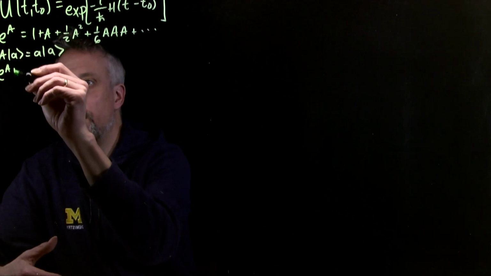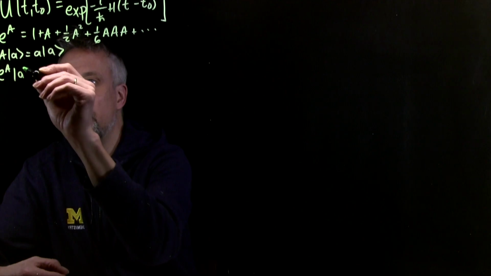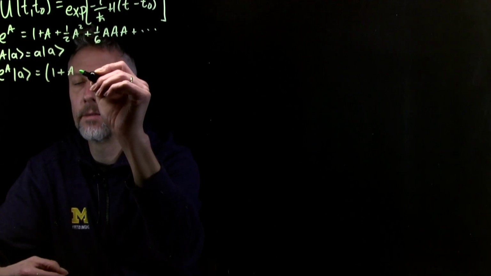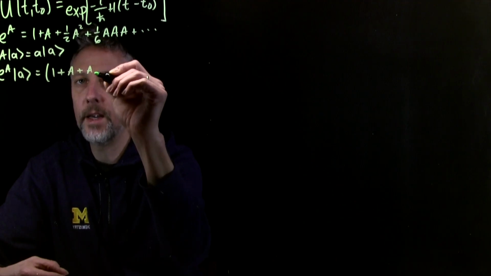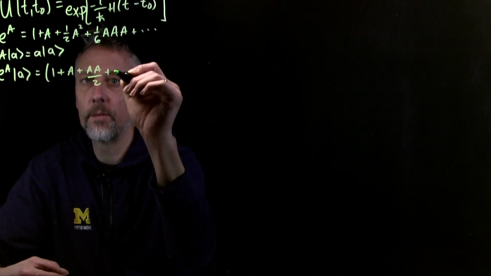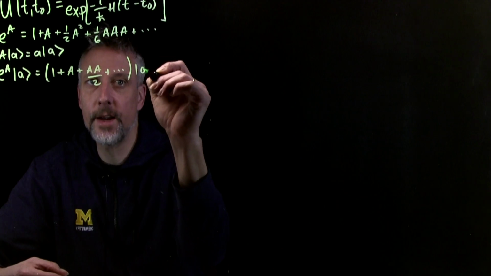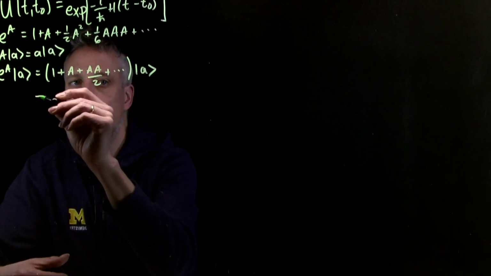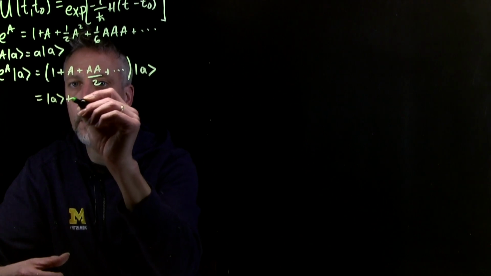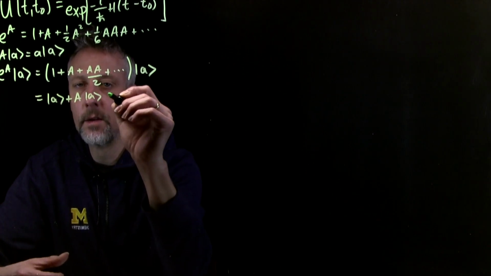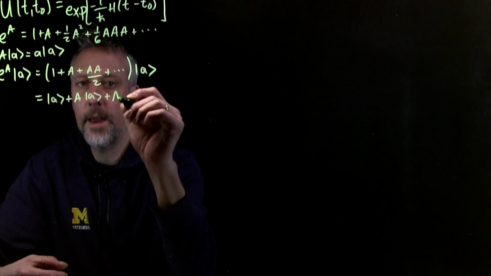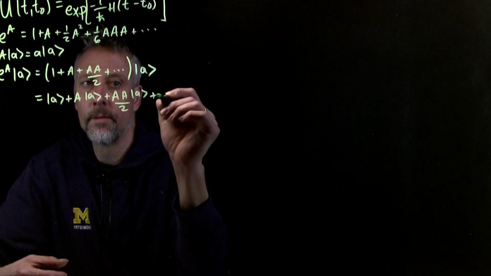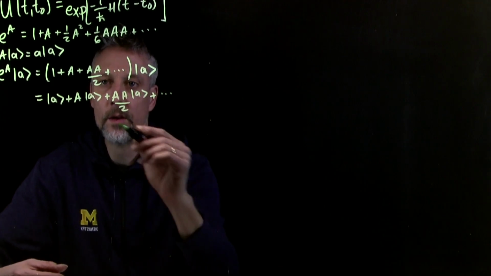e to the A operating on the eigenvector |a> is just 1 plus A plus A squared over 2, and so on, operating on |a>. So we distribute this in here. We have A on |a>, plus A on A on |a>, and so on. We know what this is.